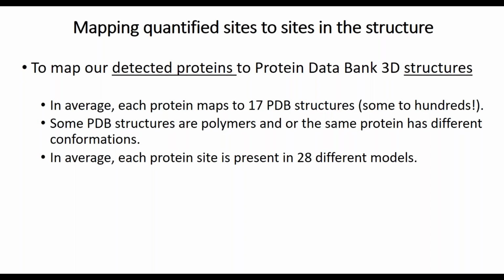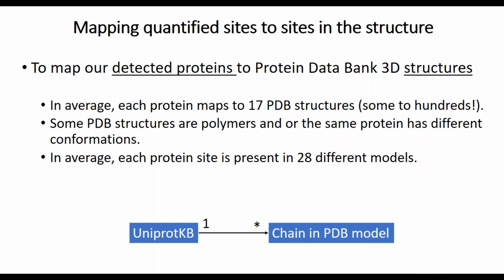We assume that, with obviously certain similarities, some of them belong to different conformations and so on. And on average, we realized that each protein site is present in 28 different models. So the correspondence between the UniProt sites and the sites of a particular chain in a PDB model is not one-to-one, it's one-to-many.